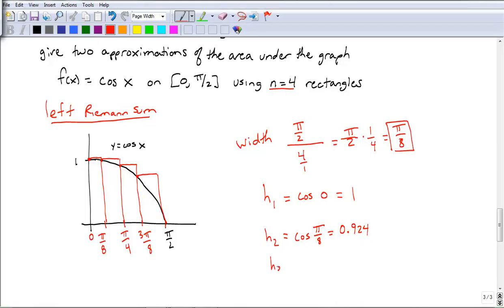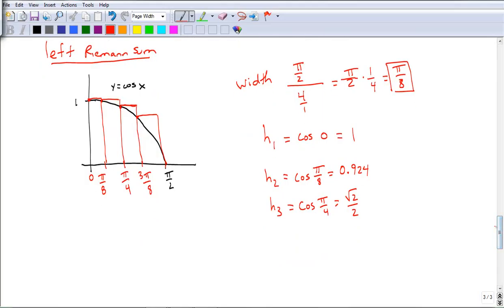The height of the third rectangle, notice the third rectangle is where pi over 4 touches the graph. That's how tall it is. So this is the cosine of pi over 4. That's a reference angle that I happen to remember, so it's root 2 over 2. But if you type it into your calculator, it will tell you that it's 0.707.